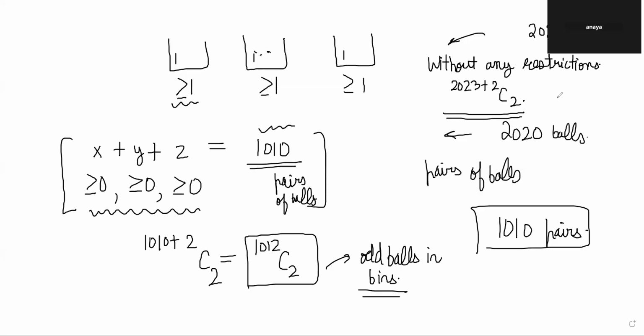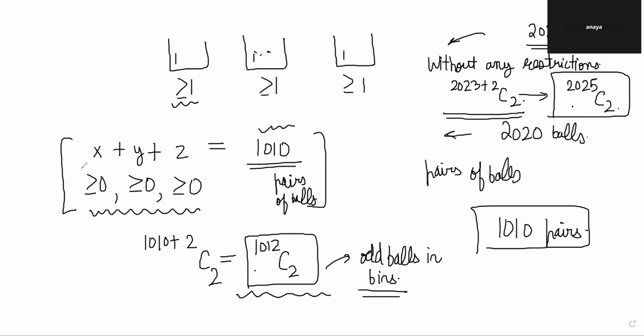Because there are 2023 stars and three bins, so you need two bars. So 2025 C 2 ways to do that without any restrictions, and this is the number of ways to make sure that there are an odd number of balls. So the ratio of this over this should be the probability of getting an odd number of balls.